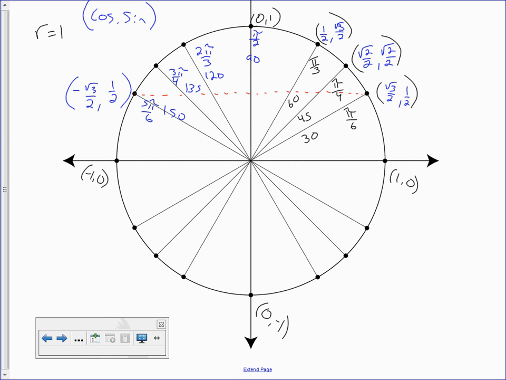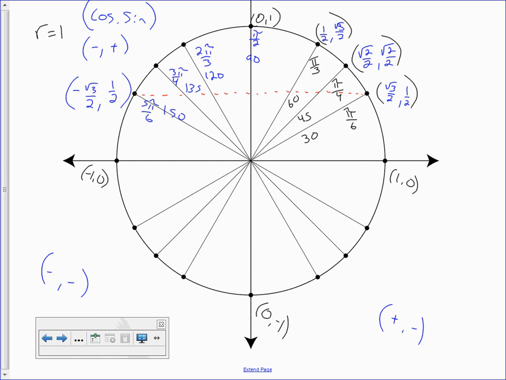Okay? Because in the second quadrant, your x values are negative, your y values are positive, which means your cosine values are negative, your sine values are positive. Second quadrant is negative, positive. Third quadrant, they're both negative. Fourth quadrant, it's positive and negative. Okay?